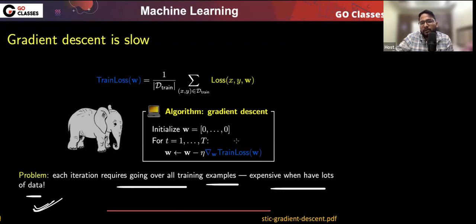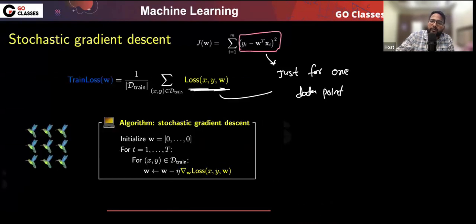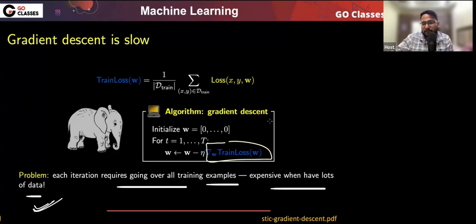For example, one of the ways is that you can check the gradient, right? If the gradient is almost equal to zero, then instead of a fixed number of iterations, some people use a while loop instead of a for loop.